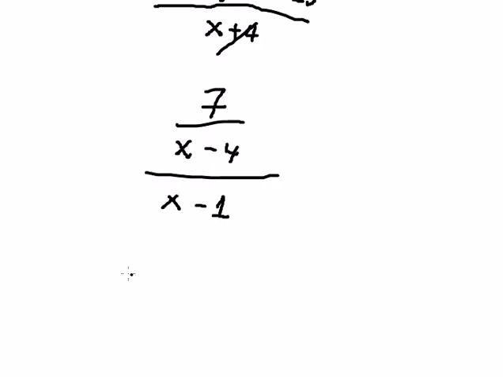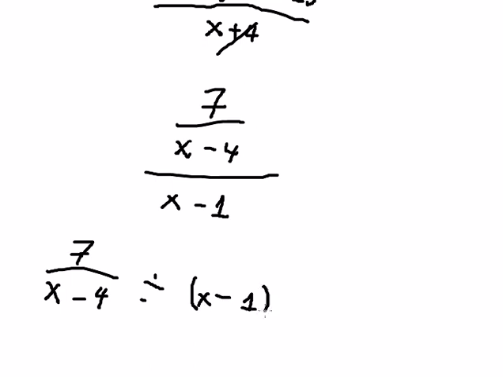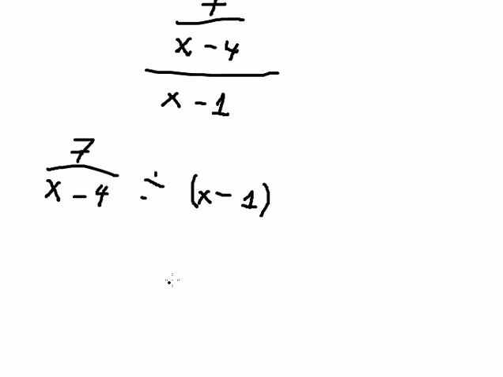And the last one, we got 7 divide x minus 4. We can write this one like this: 4 divide with x minus 1. In this situation, we can put number 1 in here.